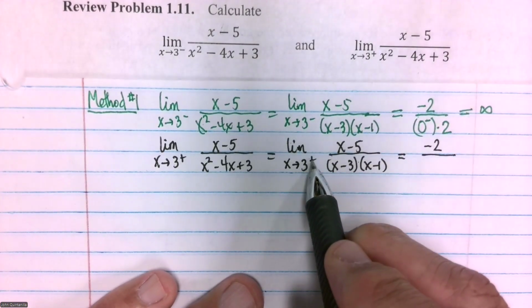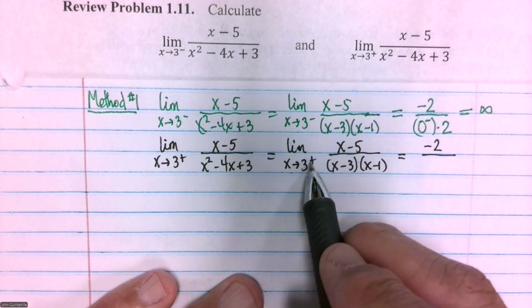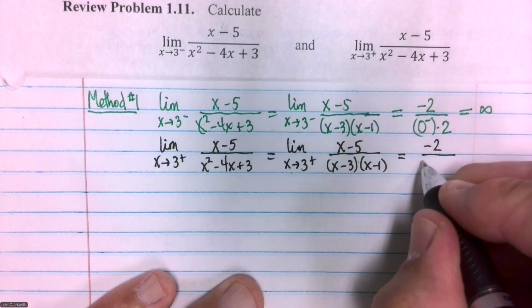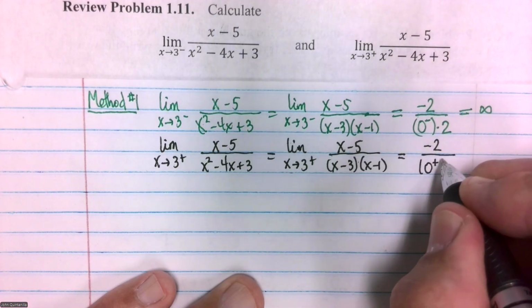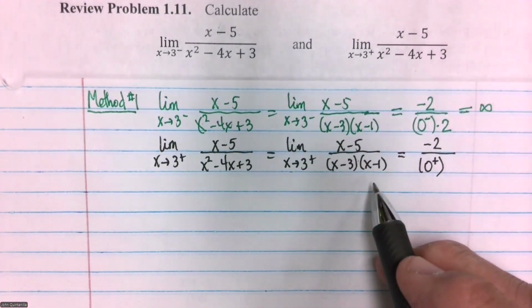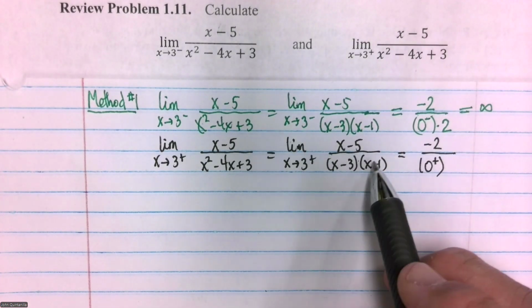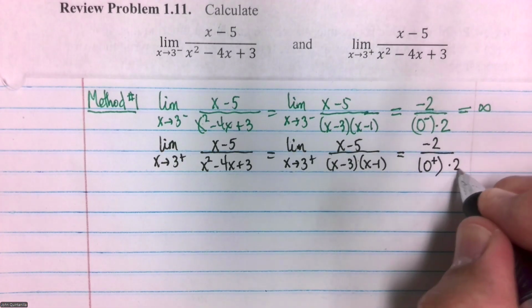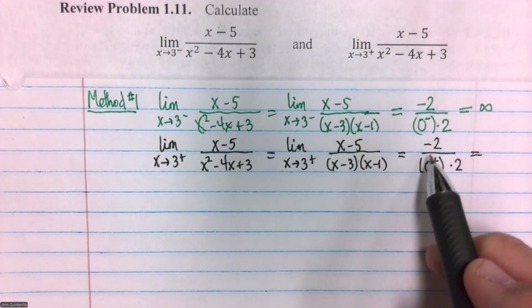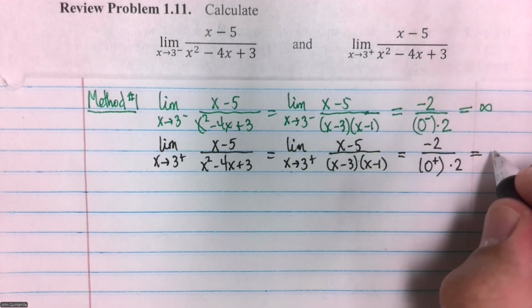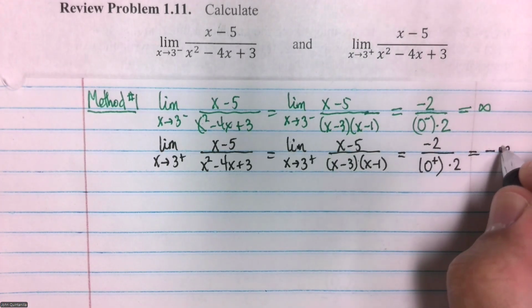As x approaches 3 from above, if x is a little bit bigger than 3, then x minus 3 is going to be a little bit bigger than 0. And so that approaches 0, but in a positive sense. And then x minus 1, if x approaches 3, 3 minus 1 goes to 2. So I have a 0 in the denominator. I also have negative over positive here. And so this would go to negative infinity.